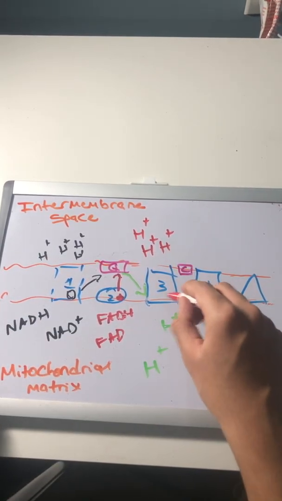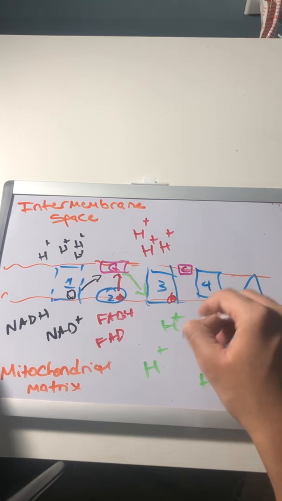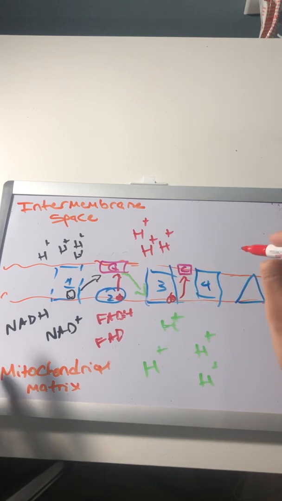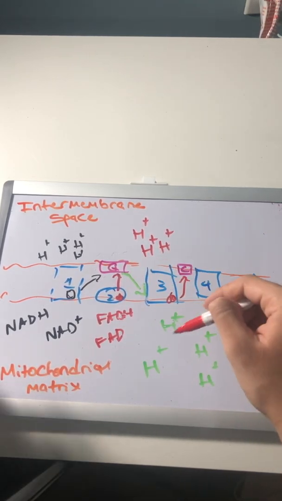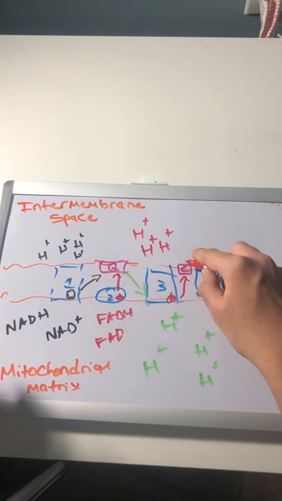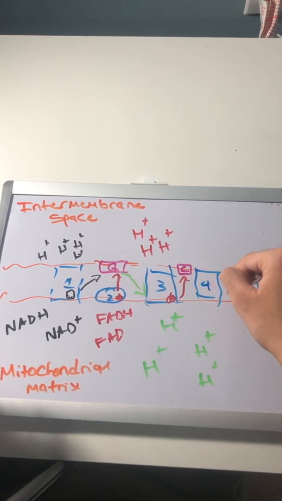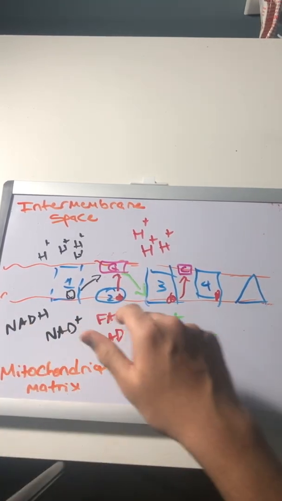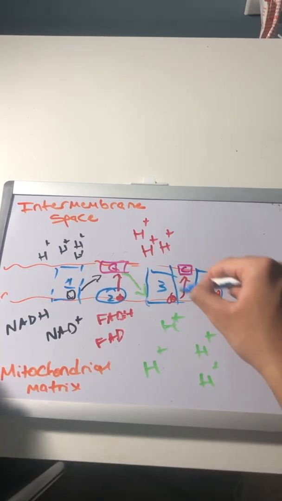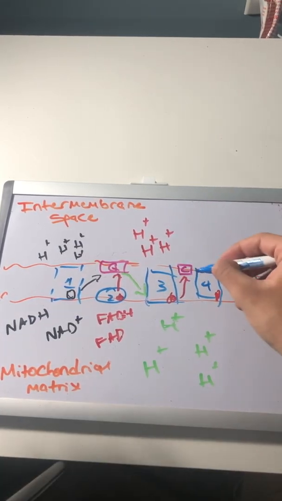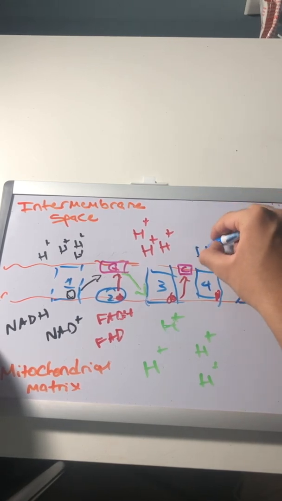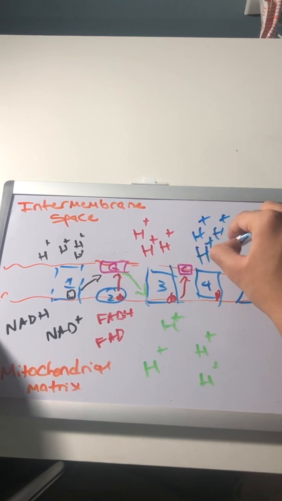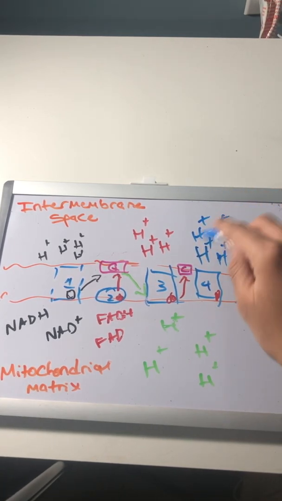Those extra electrons then move on to cytochrome C, which acts as an intermediate. Then they go on to complex 4. Complex 4 gets supercharged, making more protons up there.